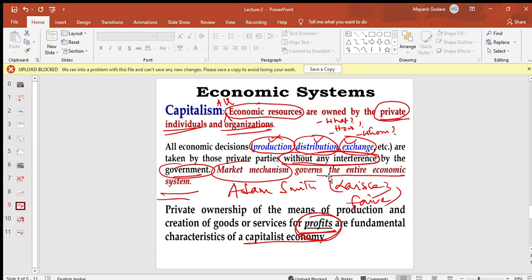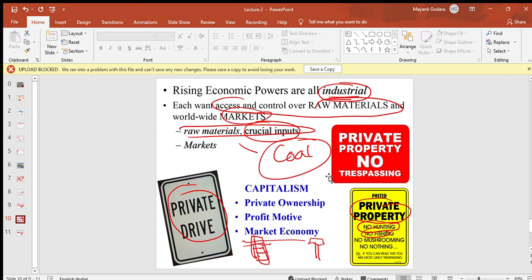Private ownership of the means of production and creation of goods or services for profit are fundamental characteristics of a capitalist economy. So there are three major points by which the capitalist ideology works: private ownership, profit motive, and market economy.